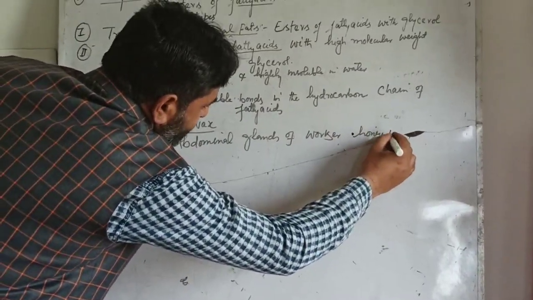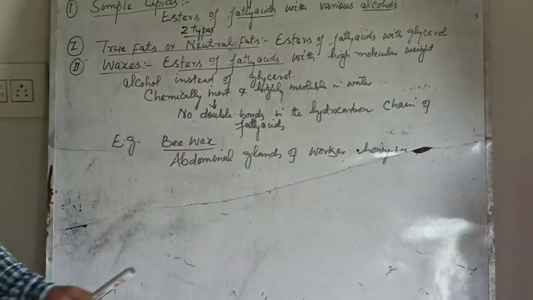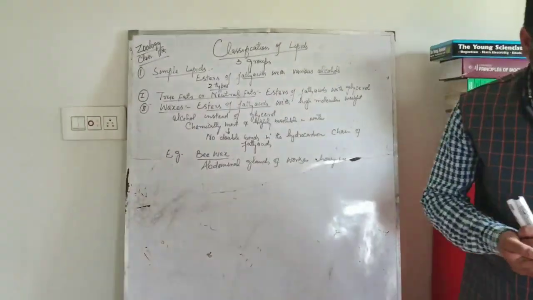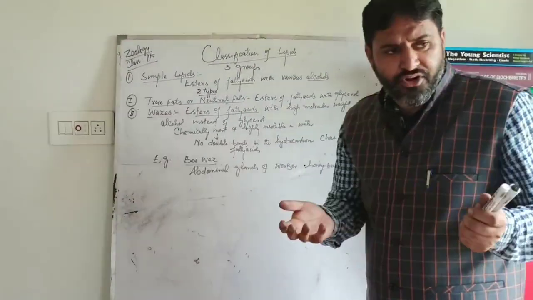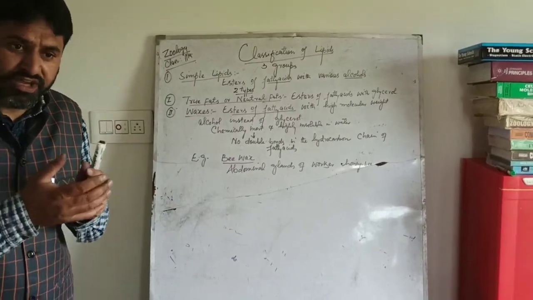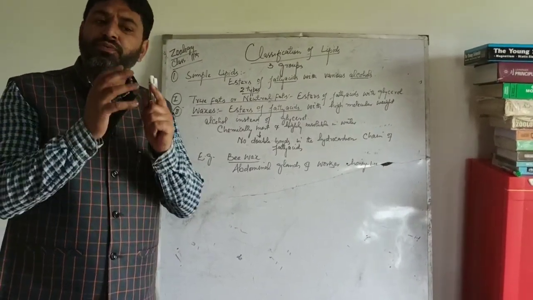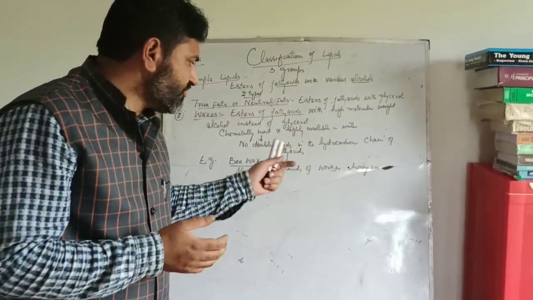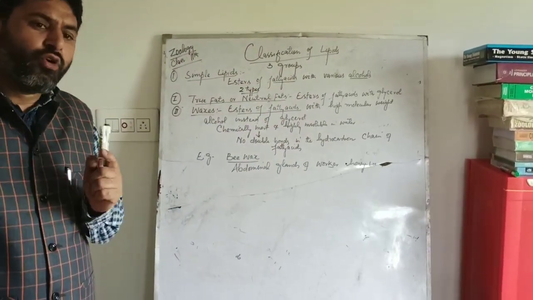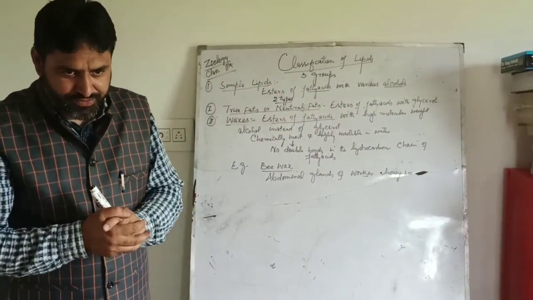You know that honeybees have three castes: queen, workers, and drones. Queen and workers are females. The queen is a fertile female, but workers are sterile females. And the drone is male, but haploid.